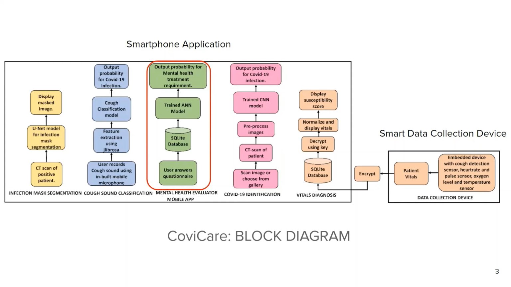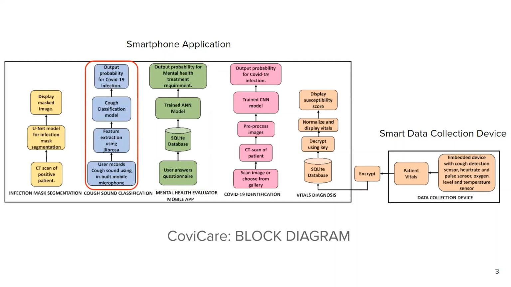Our ML model assigns corresponding weights to the responses and determines whether the user needs medical attention for mental health treatment or not. This component is aimed towards employers so that they can ensure their employees of their organizations are mentally healthy during these challenging times of a pandemic.